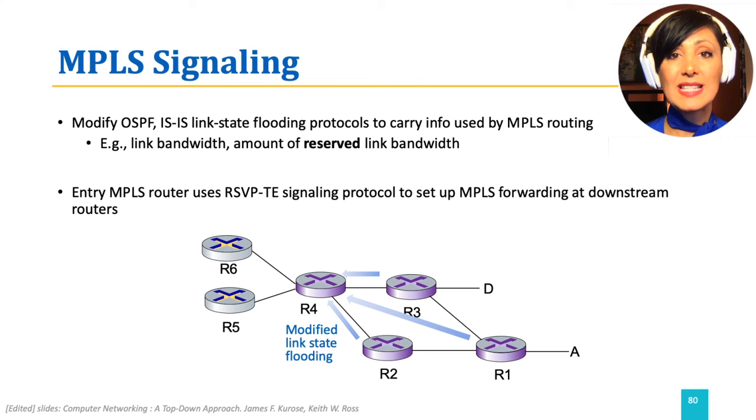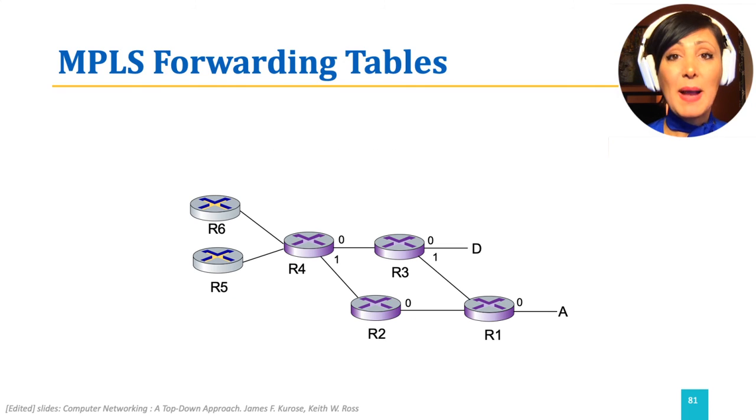To do this, the entry MPLS router uses RSVP-TE to set up MPLS forwarding at the downstream routers. For example, R4, the entry router here, knowing the reachability and available bandwidth from other routers, can set up a switch path towards A.